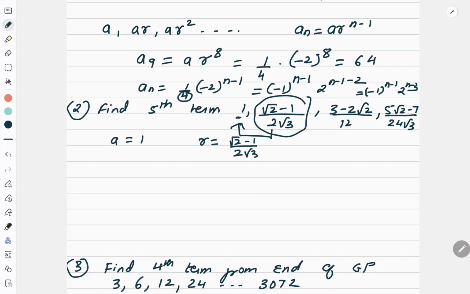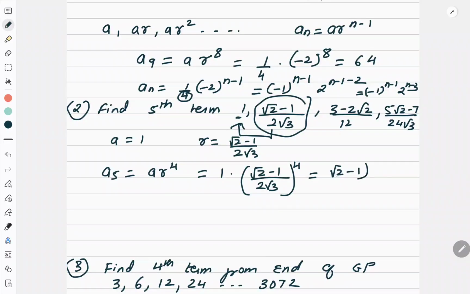Now I am looking for the fifth term. So a5 is equal to ar to the power 5 minus 1, that is 4. So 1 into (root 2 minus 1 upon 2 root 3) to the power 4. Correct? Now how can I write this?